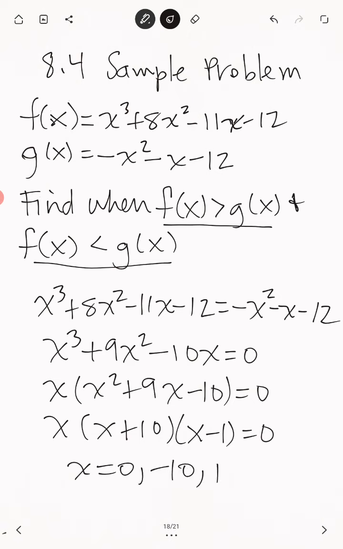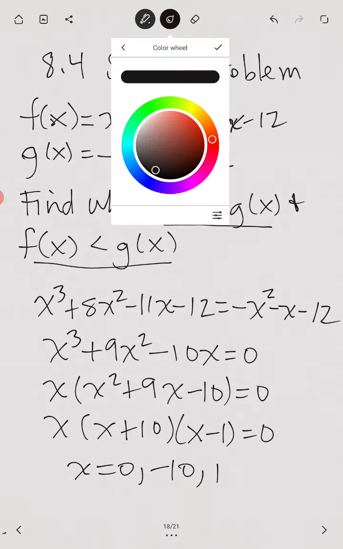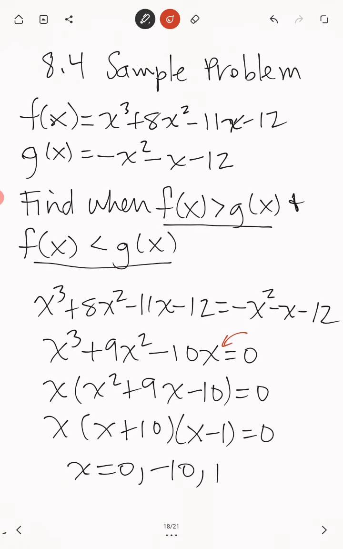So just before we move on to find the y values that go with those, what would we do if we ended up with a constant term over here, for example? Then it wouldn't be as easy to just factor out the x and then factor a quadratic. We would have to factor a cubic, so we would have to use the factor theorem.